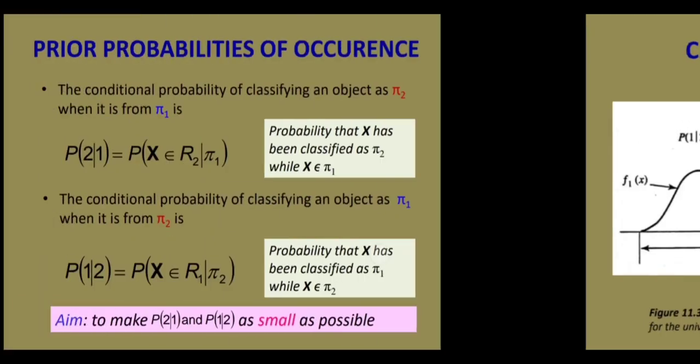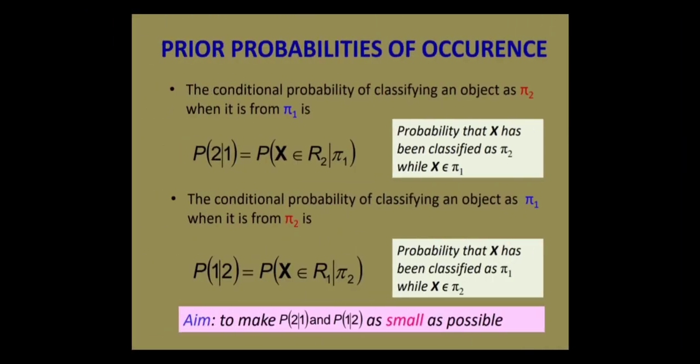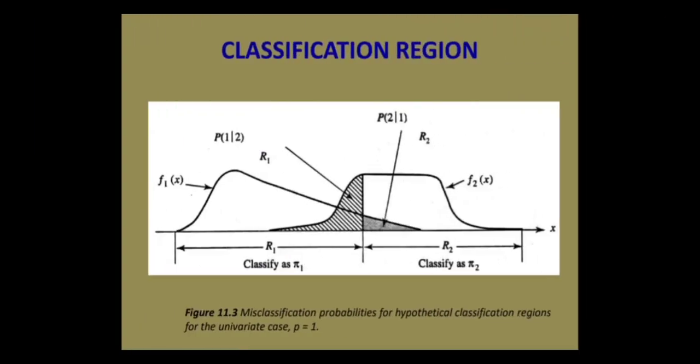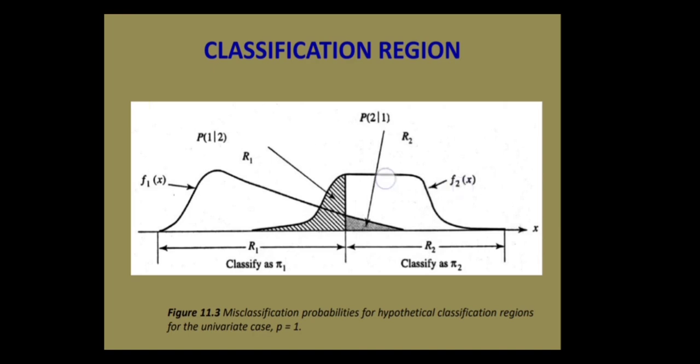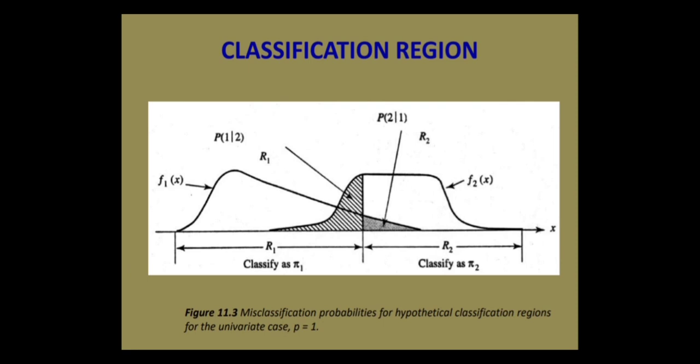Okay, this one tadi, which is the probability that X has been classified as pi 1, population 1, but actually it is from population 2, daripada this distribution, sorry. Okay, that is how we illustrate the conditional probability tadi.